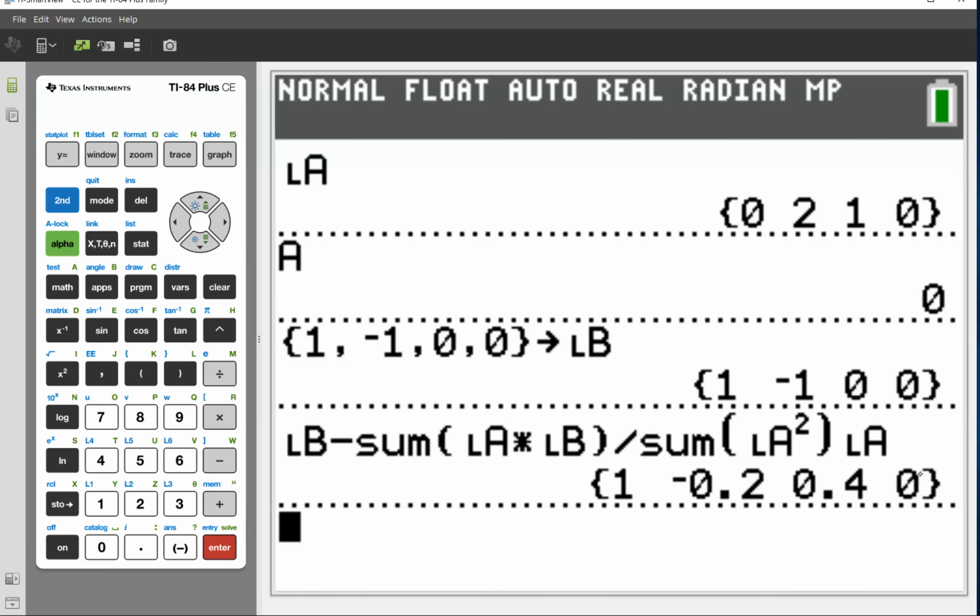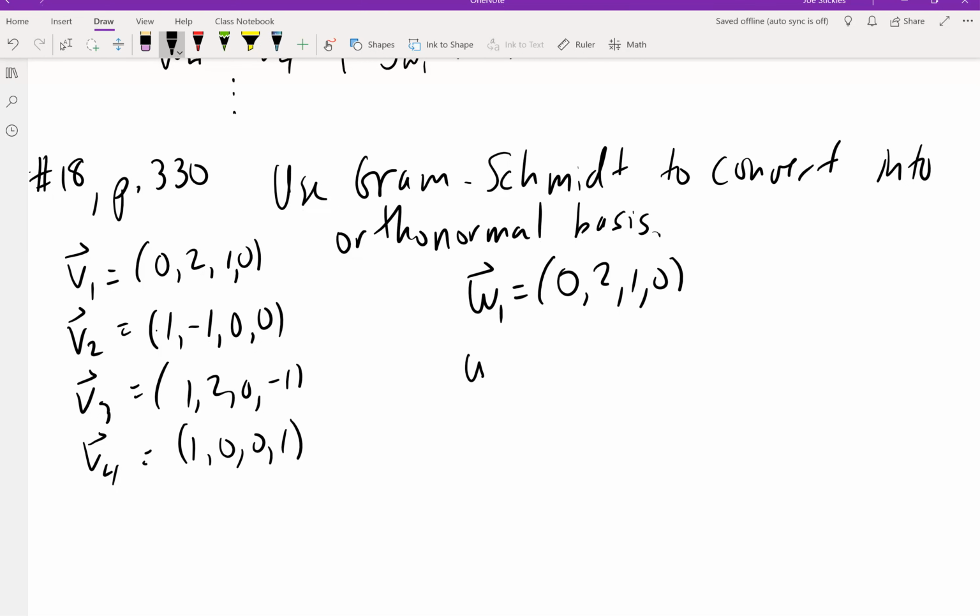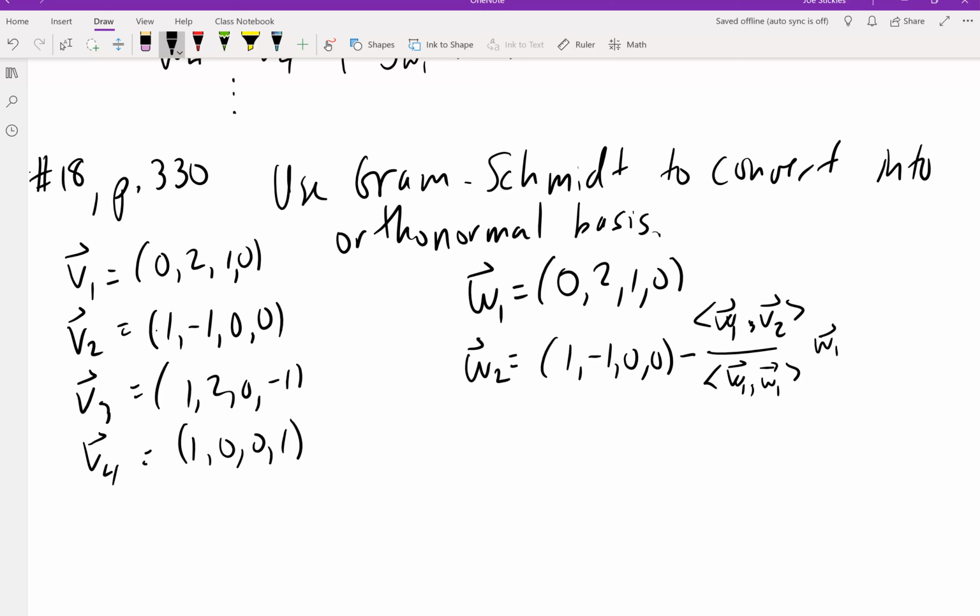All right, so this is our new vector that we want. If I go back over to what I'm writing down, our W2 is the 1, -1, 0, 0, minus, and instead of writing out the numbers, I'll write V1 dot product with V2, inner product with V2, V1, I should call this W, inner product of W with itself times W1.